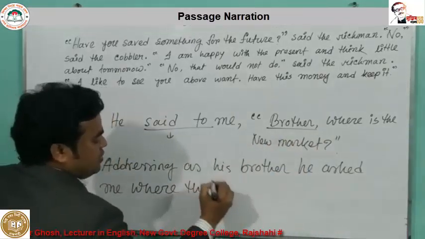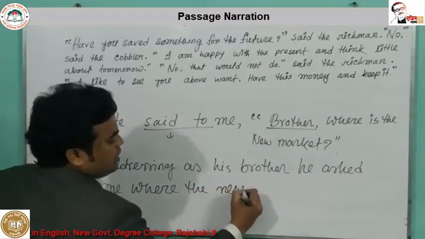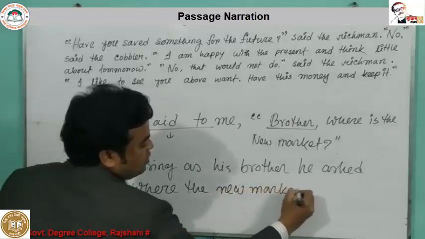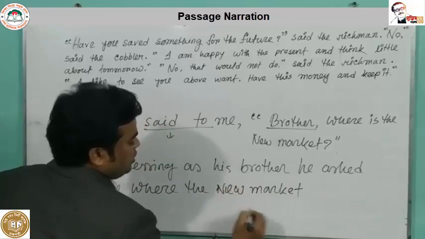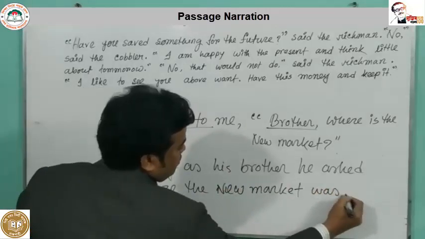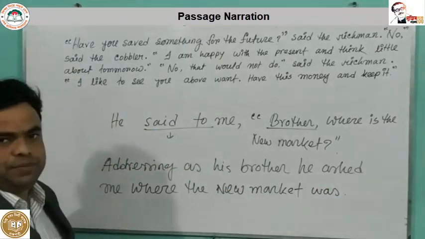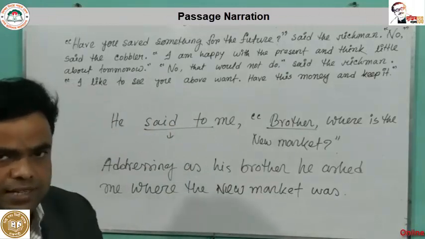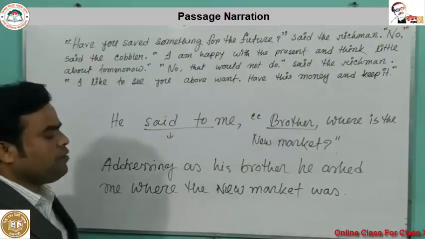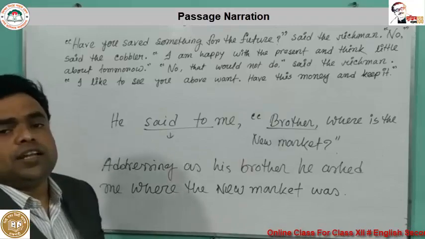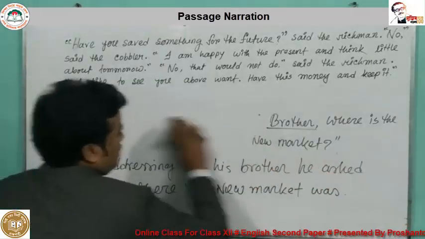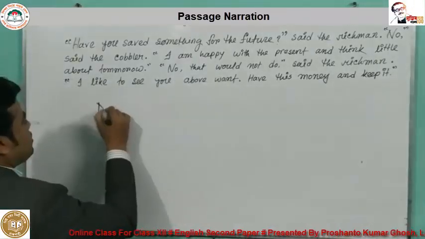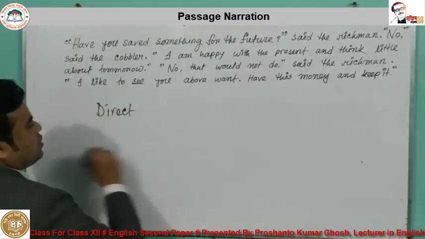The new market was, and it will be asserted in indirect form. Hope you understand, dear learners. Okay. Now I am going to another important rule of changing passages from direct to indirect. That is direct, indirect.